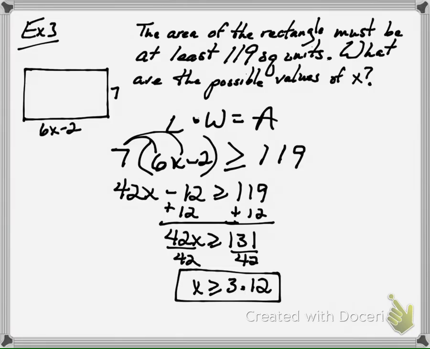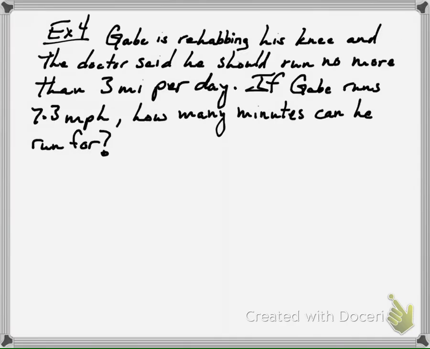So that looks like a good number. And I want my x to be greater than or equal to 3.12 because we'd like the area to be at least 119 square units. So that looks good. Let's move on to the next one.